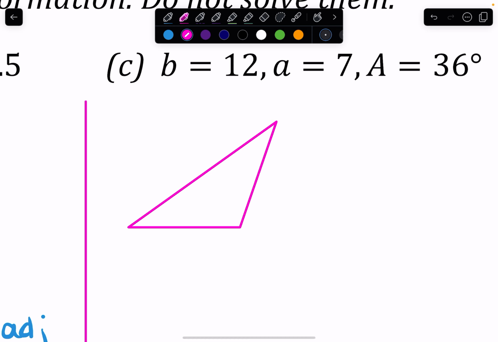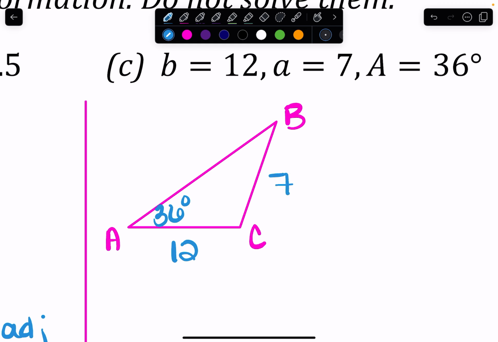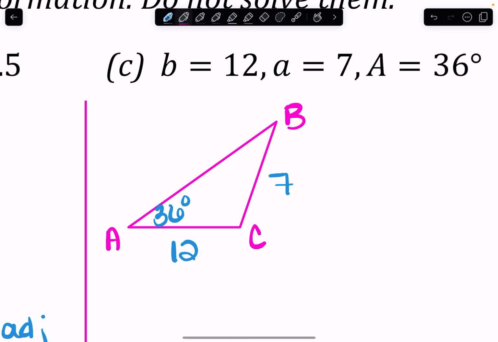Here's my triangle. I'm going to call you A, you B, and you C. All right, angle A is 36, side B 12, side A 7. So we need to compare. It's the acute case, so we need to know which is which. You are the pivot. You are the adjacent. The height we drop in comes from the angle between the given sides.